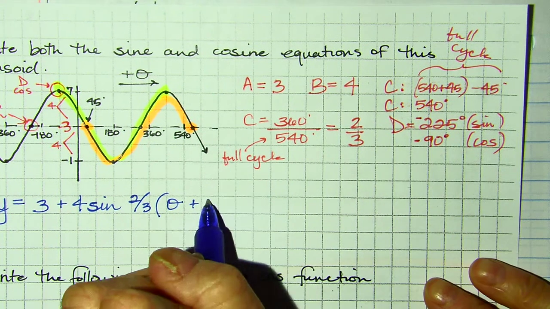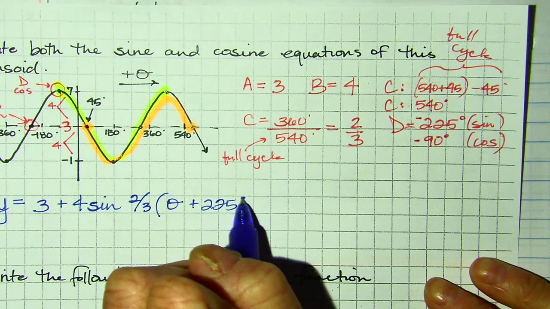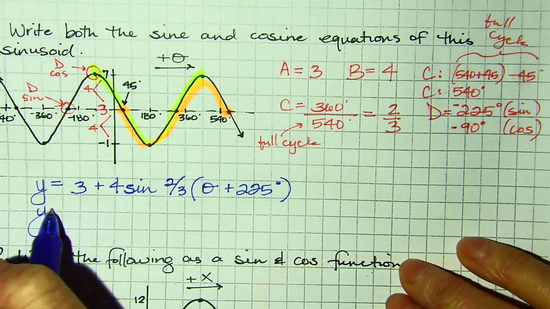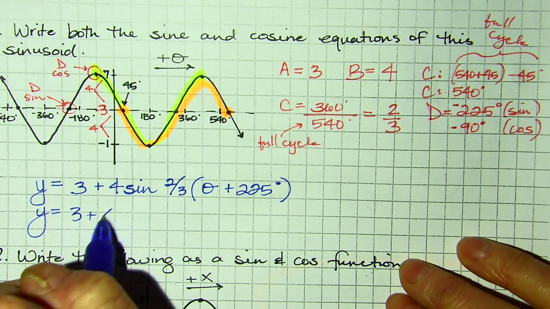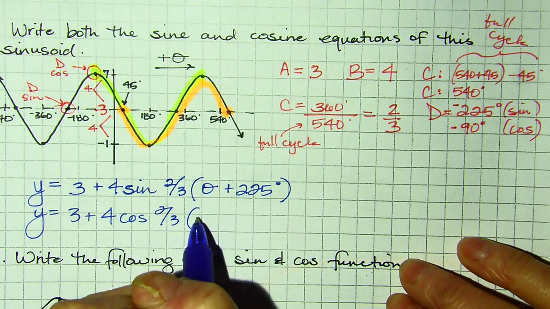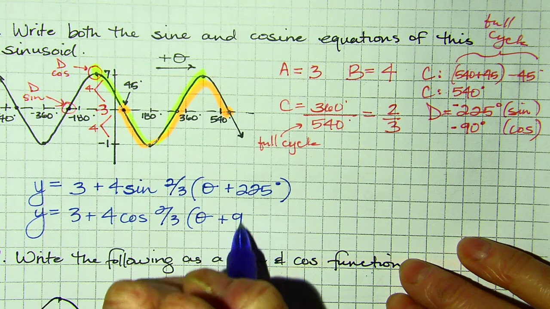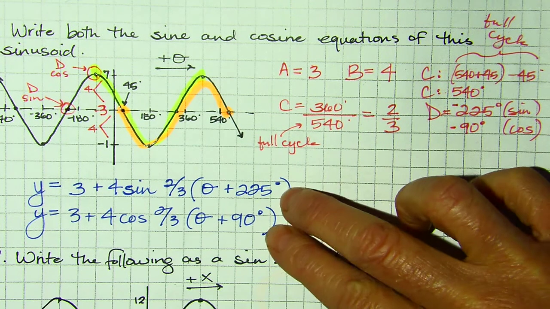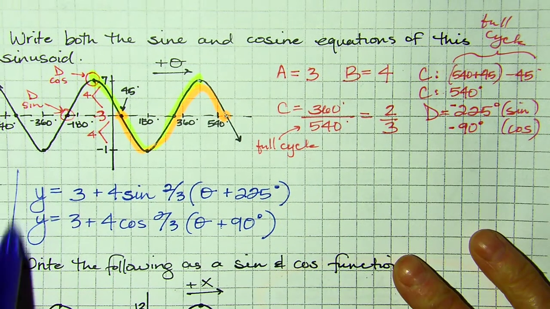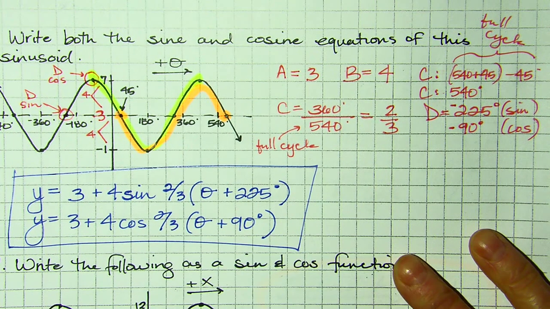So in here, this would be 225 degrees. Let's talk about cosine. Everything should be the same: center line plus amplitude, cosine, period, theta plus. The only difference, notice in these equations, is D, the phase shift. And so these are the equations.